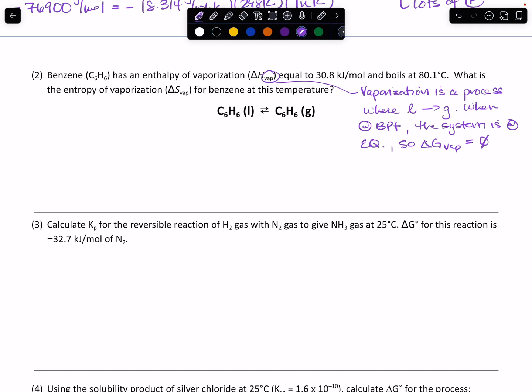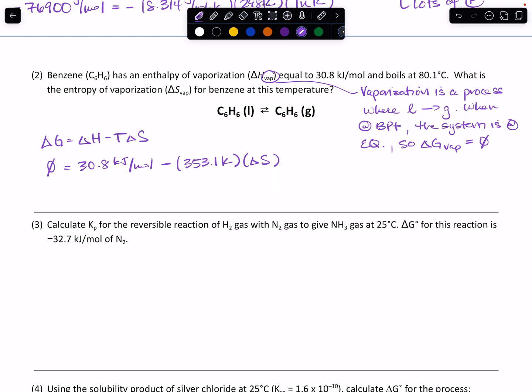So if we think about that, we can use delta G = delta H minus T delta S. We know that delta G is 0. The enthalpy of vaporization is 30.8 kilojoules per mole, and we have a temperature of 80.1 degrees Celsius. If you convert that to Kelvin, 353.1 Kelvin.